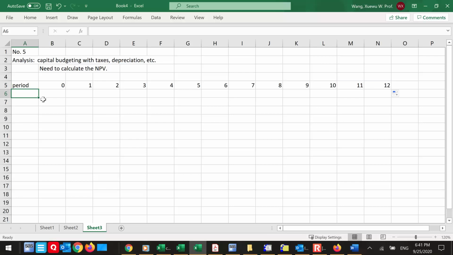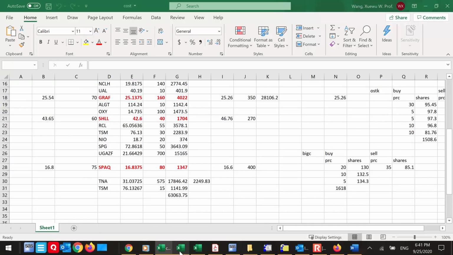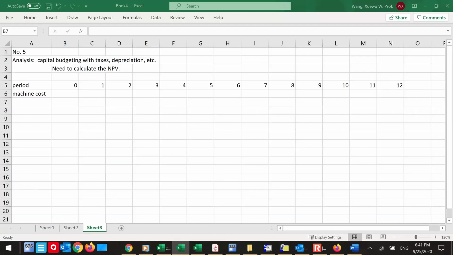Let's look at the machine cost. The machine cost is $1 million, so I'm going to put down $1 million here. It's negative. That's the machine cost.